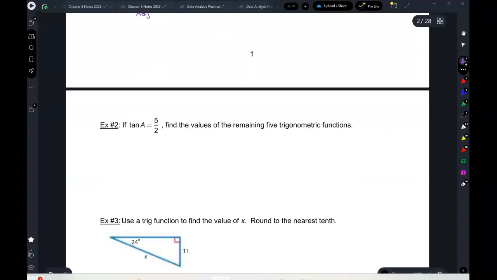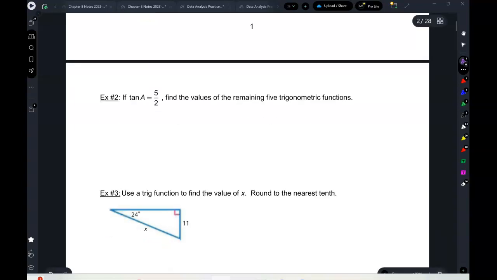Okay, so now take a look at this. If tangent of some mysterious angle A is 5 over 2, find the values of the remaining 5 trigonometric functions. What you have to do first is draw a right triangle.